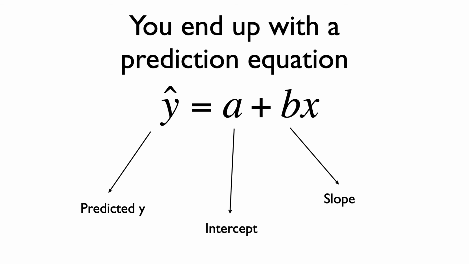But if you're talking about regression in general, you would say y hat equals b sub 0 plus b sub 1 x sub 1. They're the same thing, they're equivalent. So we're going to get a predicted value that's going to equal the intercept plus the slope times x.